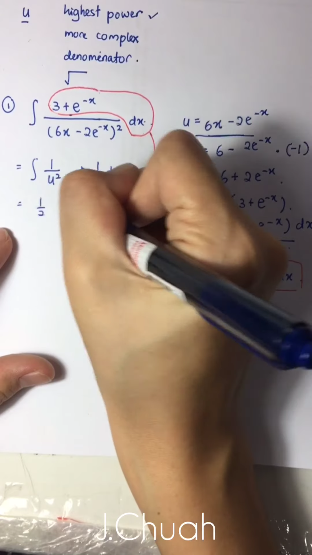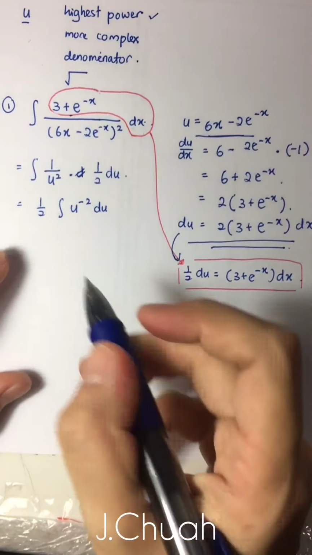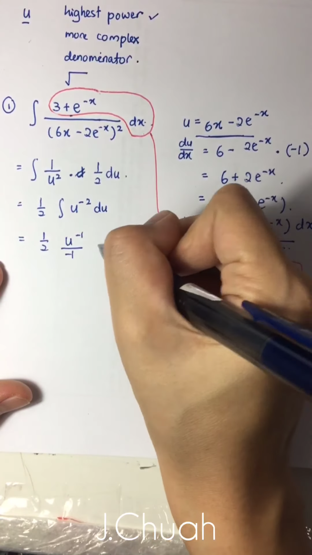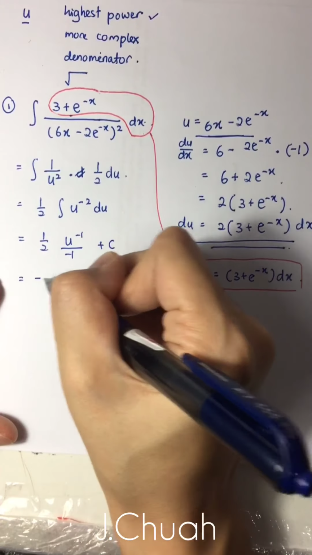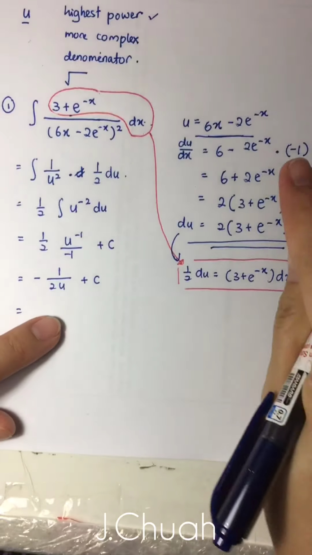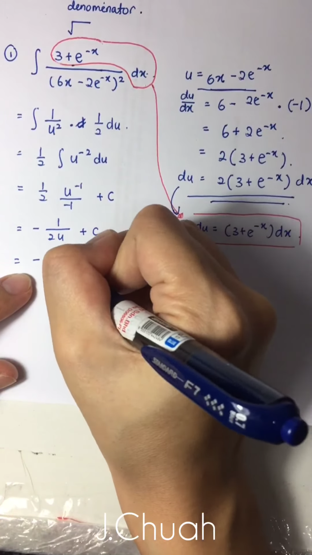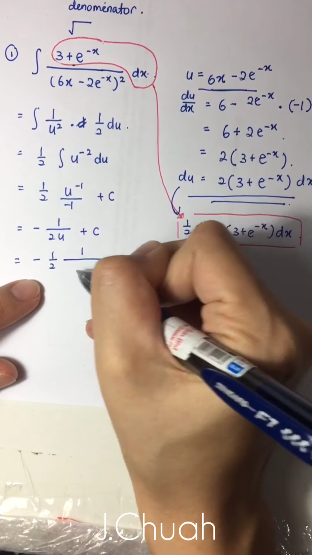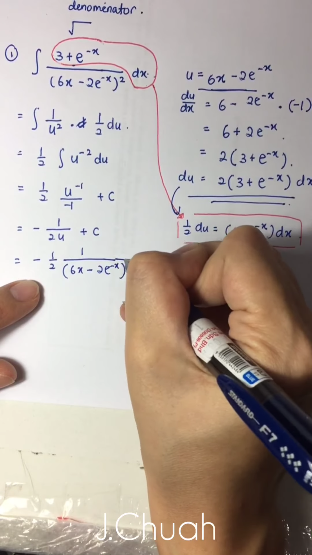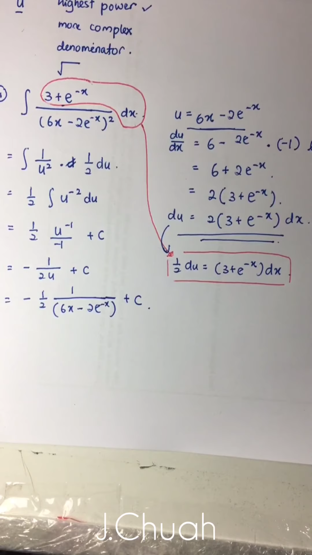You can change it into half u to the power of negative 2 du, and you can easily integrate this to be half times negative 1 over negative 1 plus c, which is negative 1 over 2u plus c, and then you can substitute this back to the equation. Negative 1 over 2 times 1 over (6x minus 2e to the negative x) plus c. And that will be our first question.